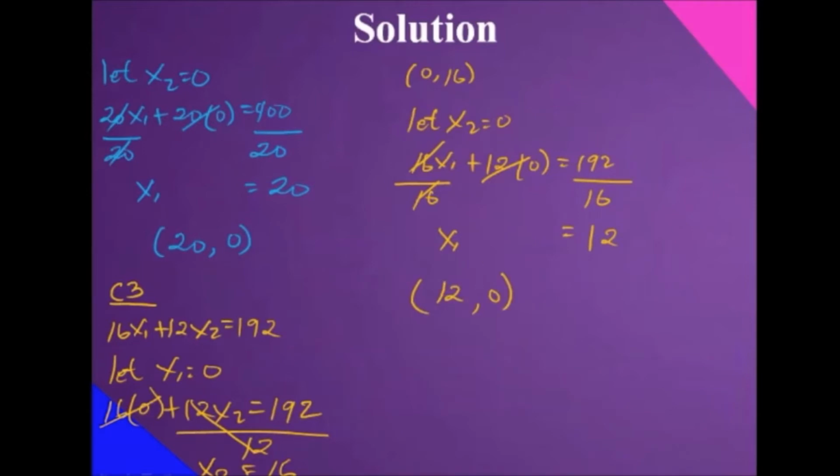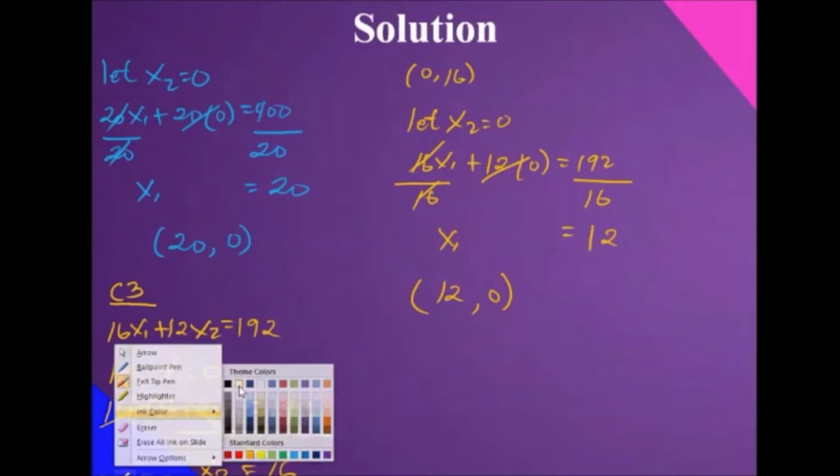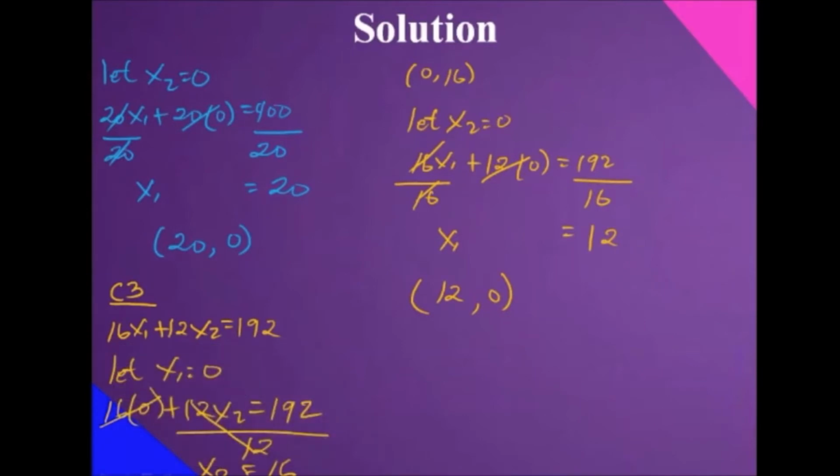Ayan na, okay na, no? So pagsamasamahin natin sila para makita natin yung summary ng ating mga coordinate pair for C1, C2, and C3. Unahin pala natin C3: 0 and 16, tapos 12 and 0.